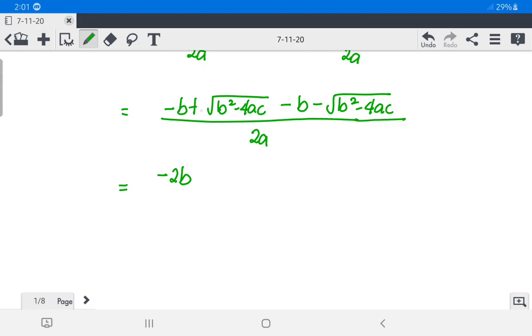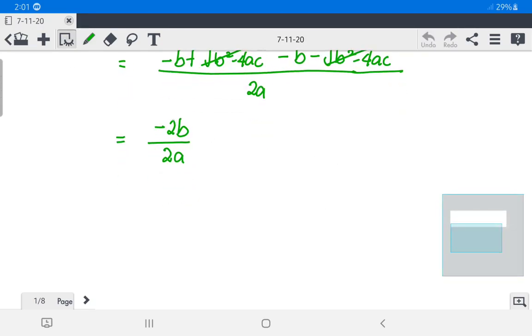Then, plus or positive square root of b squared minus 4ac, and then minus square root of b squared minus 4ac. You can now cancel these two. Then, over 2a.